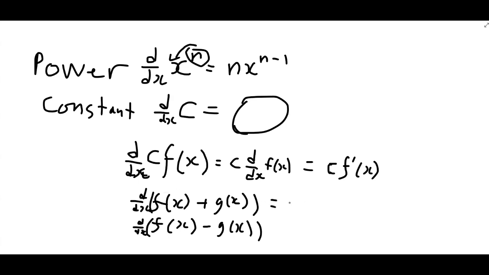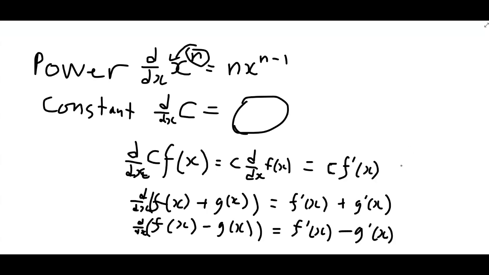So it becomes f prime of x plus g prime of x for the sum. And for the difference, all you got to do is f prime of x minus g prime of x. Okay, there you go.